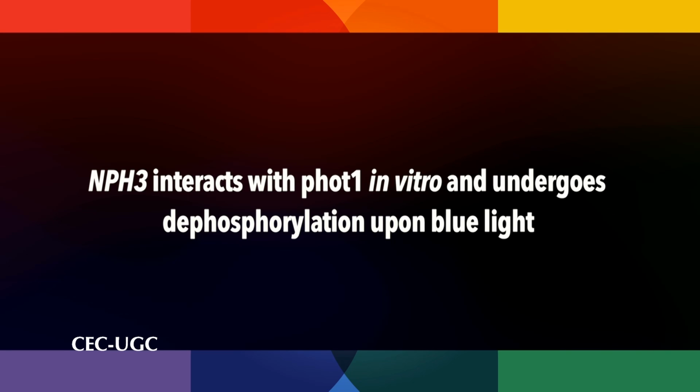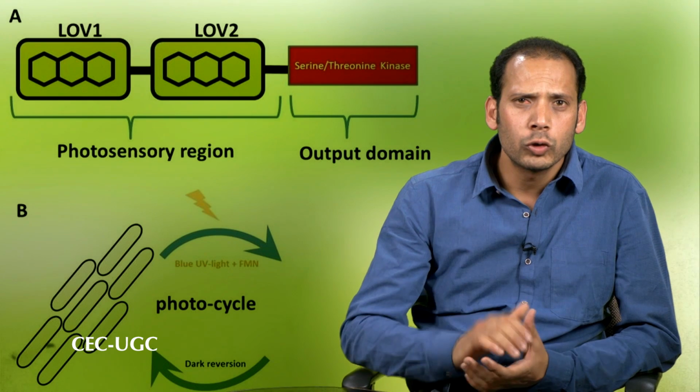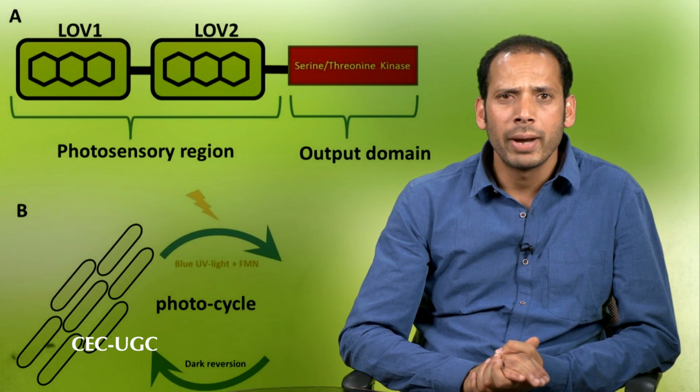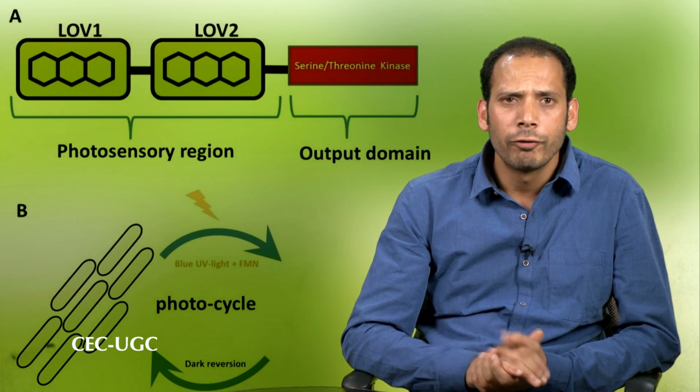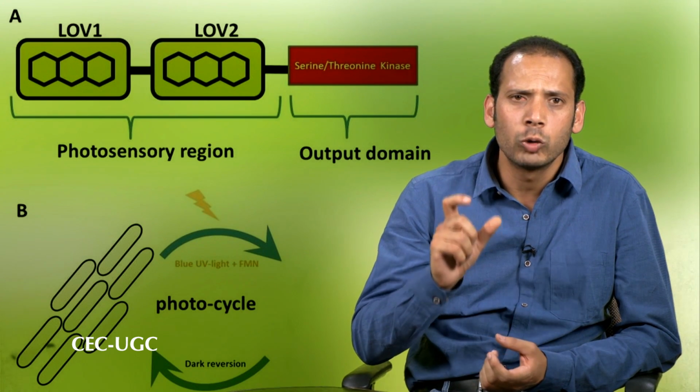NPH3 interacts with Phototropin-1 in vitro and undergoes dephosphorylation upon blue light exposure. Phototropic curvature is mediated by an increase in growth on the shaded side of the stem resulting from an accumulation of plant growth hormone auxin.